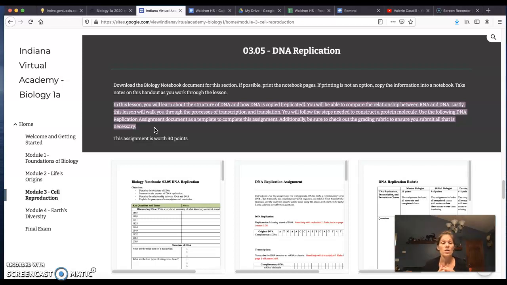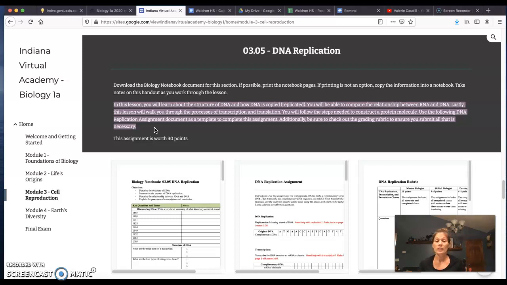Okay, so you have already gone through the lesson, you've taken notes, you've learned all about DNA replication, transcription, and translation. As a little reminder, in this lesson you learned about the structure of DNA and how DNA is copied. Hopefully now you are able to compare the relationship between DNA and RNA, and you feel better equipped to walk through the processes of transcription and translation.